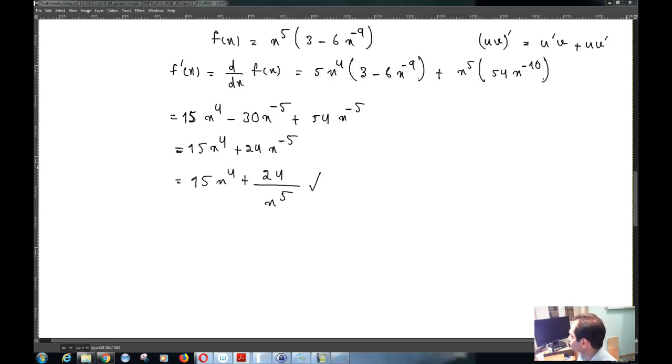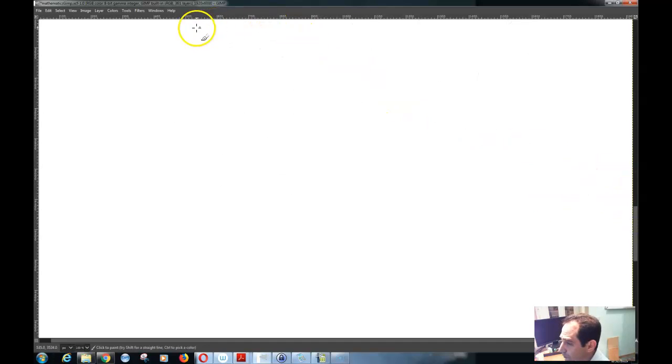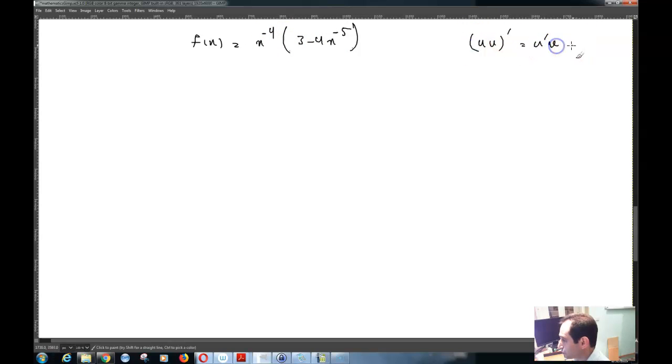Okay, so the next part of this question is some similar question, for example, your f of x is equal to x raised to the power negative 4 times 3 minus 4 x raised to the power negative 5. Again, uv whole prime is equal to u prime times v plus uv prime.